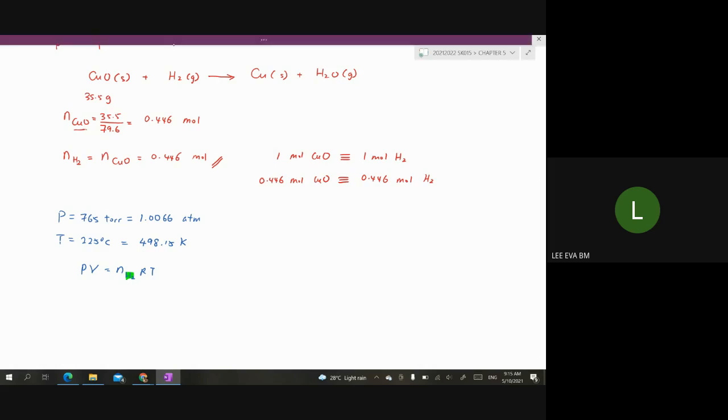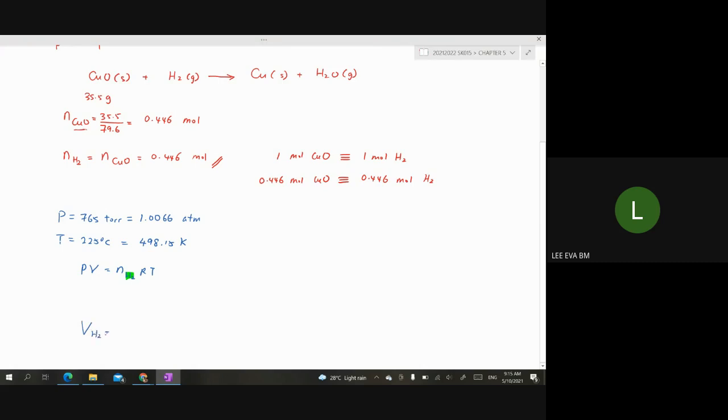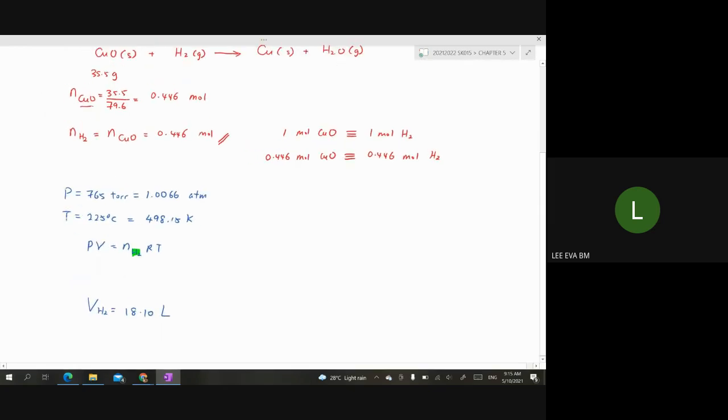Okay, so try to calculate for this volume of hydrogen, and you should be able to get, what is my answer? 18.1. Okay, you try to check whether you got this value same as madam, otherwise madam need to recheck back.